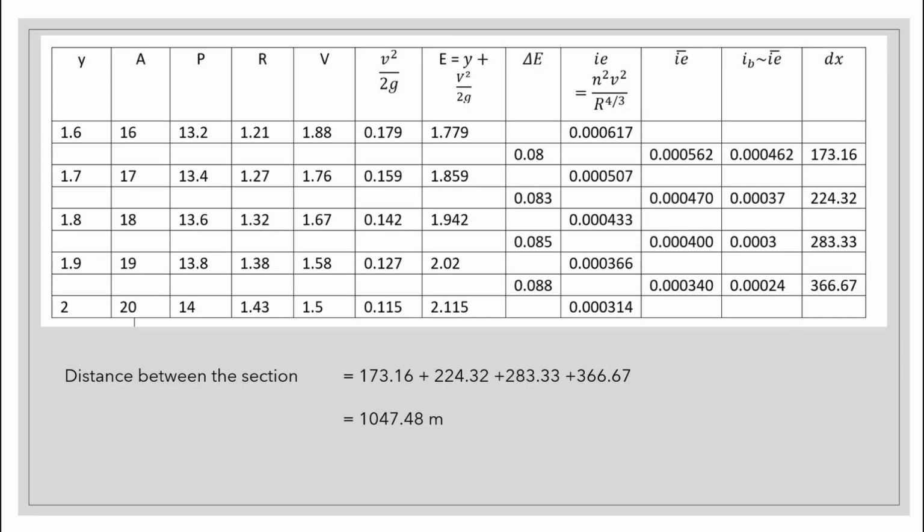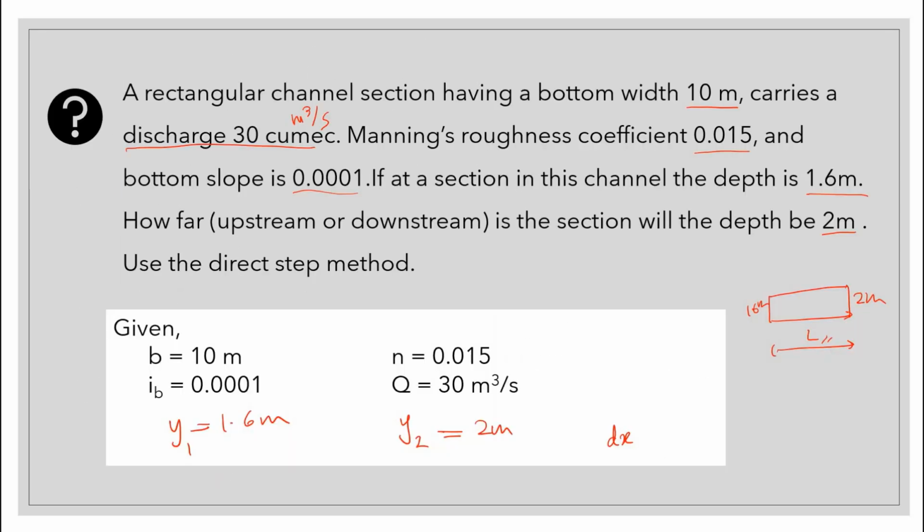For that we have to find the different y's, and we have to find the difference to obtain the next y. We are asked to find the length between two sections of depth 1.6 meter and 2 meters.